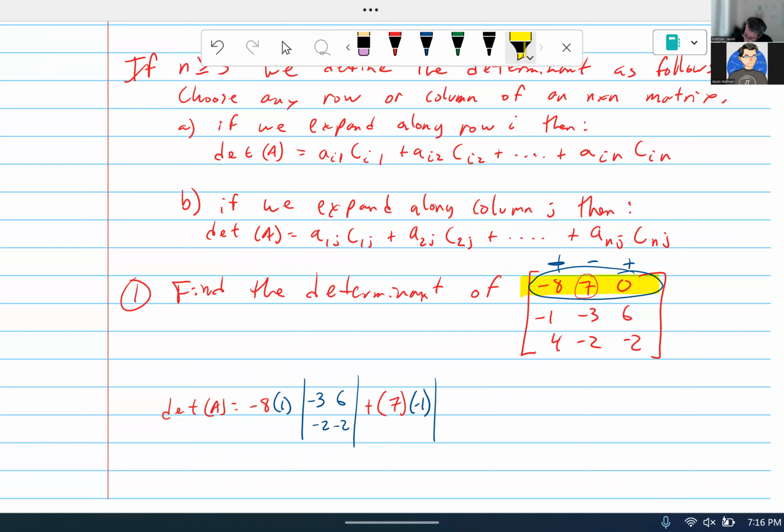So we go boom, boom, and get rid of that, leaving the -1, 6, and the 4, -2 for my minor. And the cofactor would be the negative of that minor. Then we add on the 0, which is a positive 0.